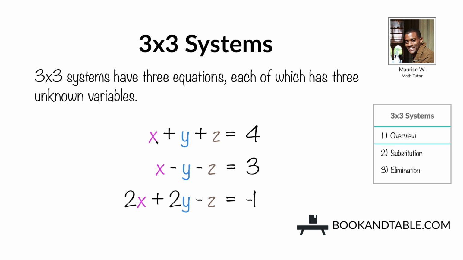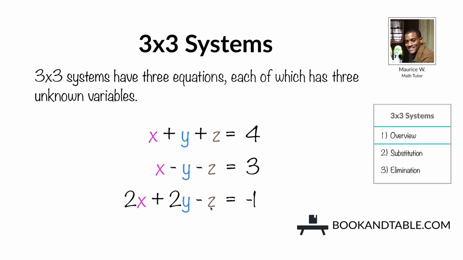So for example, x plus y plus z is equal to 4 could be equation number 1. X minus y minus z is equal to 3 can be equation number 2. And 2x plus 2y minus z is equal to negative 1 could be equation number 3. And for all three of these equations, each variable has the same exact value in each one.